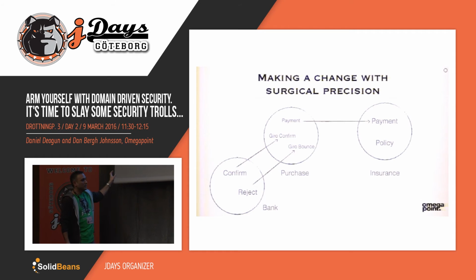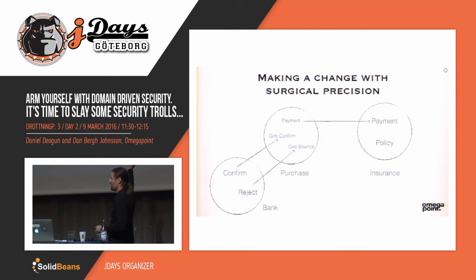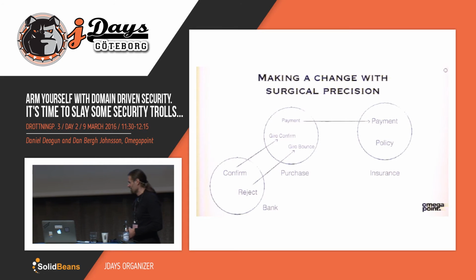With surgical, you mean you change one single system? Yeah, one single tiny thing. I've read that. It sounds like an excellent idea. Right, and the thing was that they kept payment as their way of communicating to insurance and saying this has been paid. Yeah, why should they change that? They would have broken the downstream dependencies, and the insurance guys would be really pissed. It wouldn't have been a small change then. It would be a bigger change, of course.